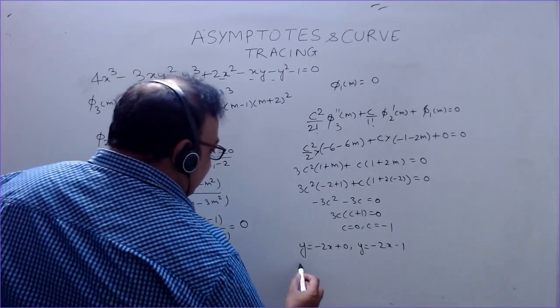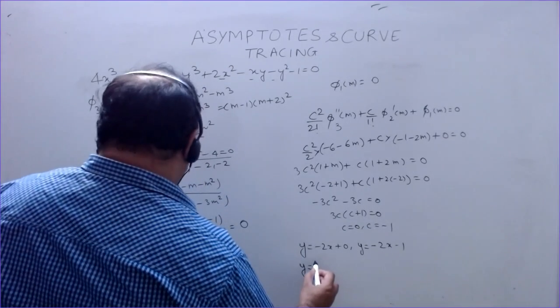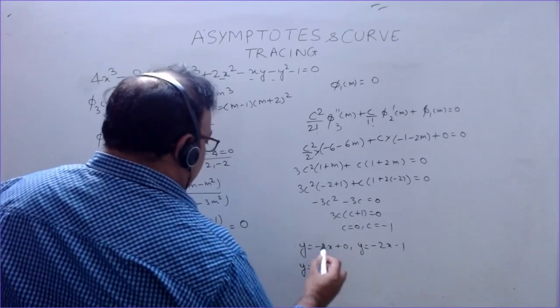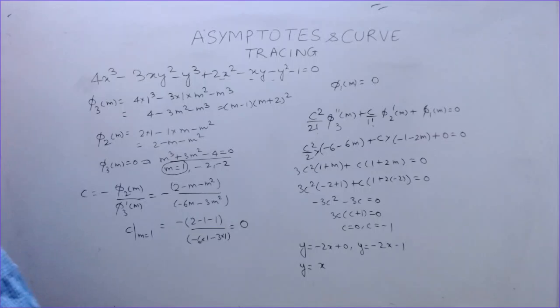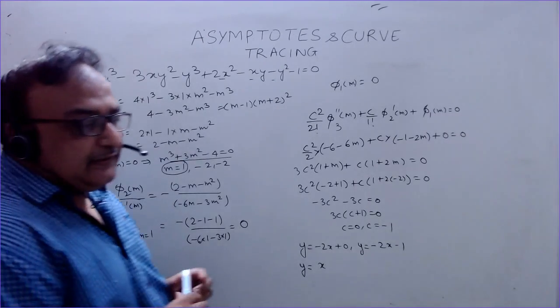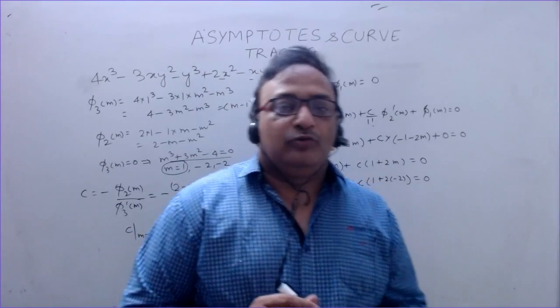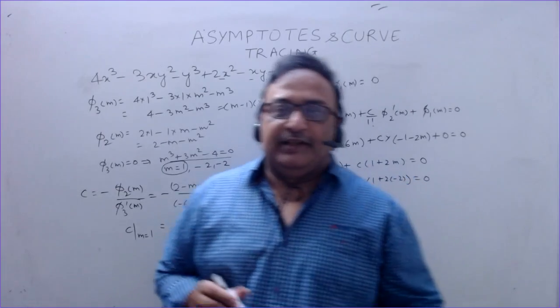So the third asymptote is y equal to x plus 0. So this is how you can find the asymptotes in case they are parallel to each other. This is the very simple method of finding the asymptotes. Now after this we will be discussing how to trace a curve in the next discussion.